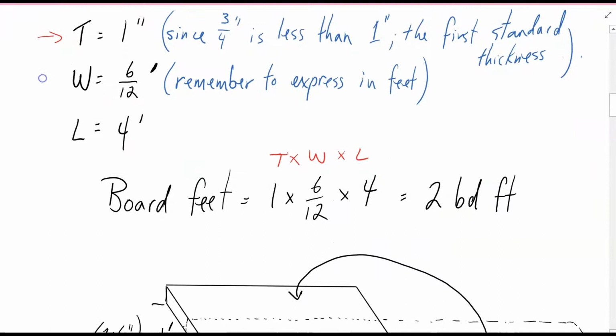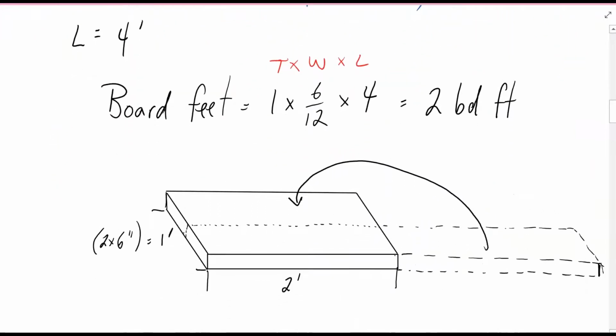So if we were to do this with the diagram, instead of our 4 feet long, if I cut off here and place it into here to make it 1 foot wide, which is 2 by 6 inches, and my 3/4 of an inch, which we round up to 1, this measures 2 board feet, right? Because the length then is 2. 1 board foot would be halfway.